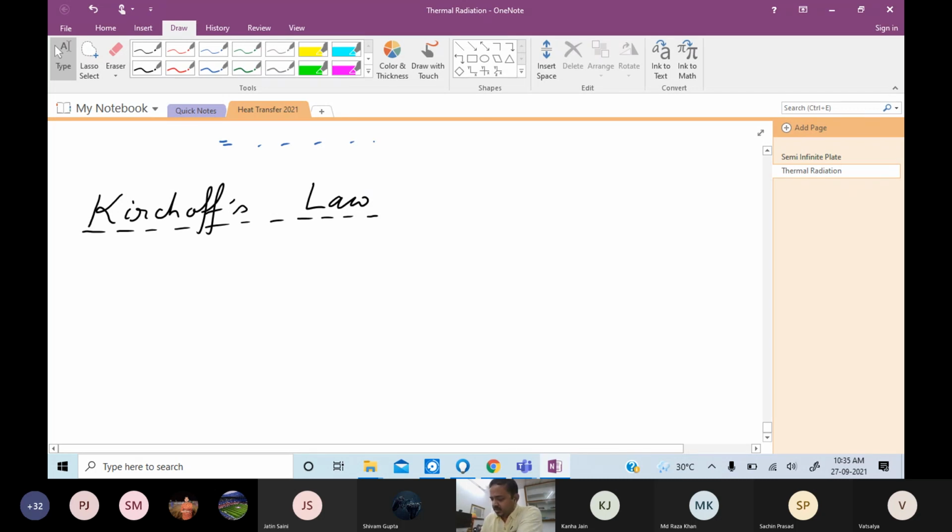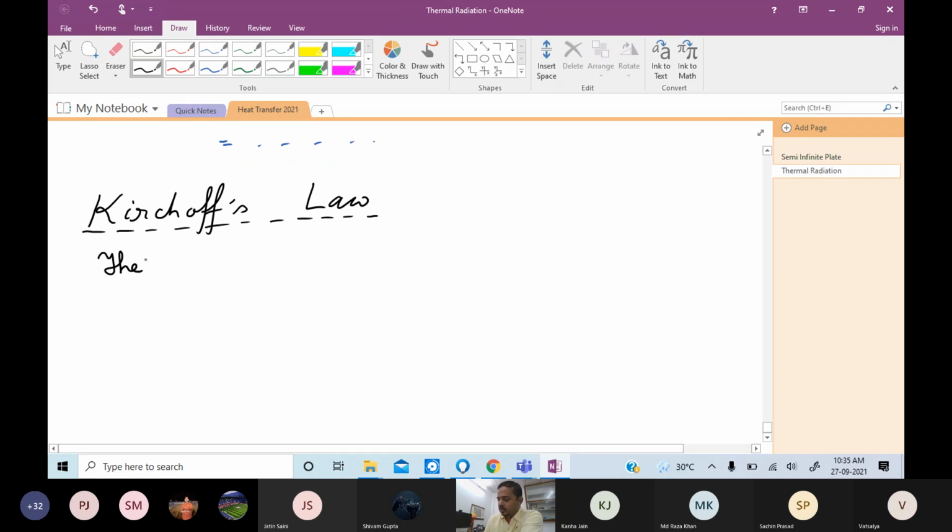What Kirchhoff's law says is the monochromatic... Essentially, you know what Kirchhoff's law is, without knowing that it was Kirchhoff who first showed it, which is that emissivity equals absorptivity.